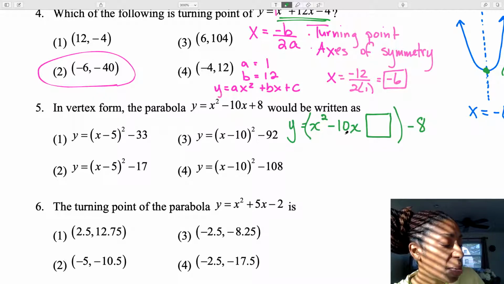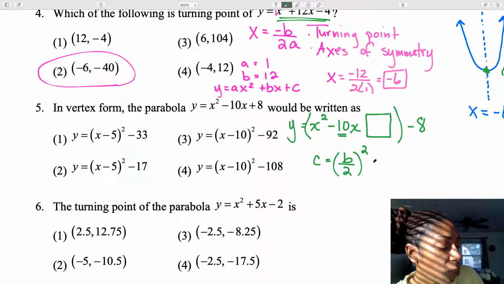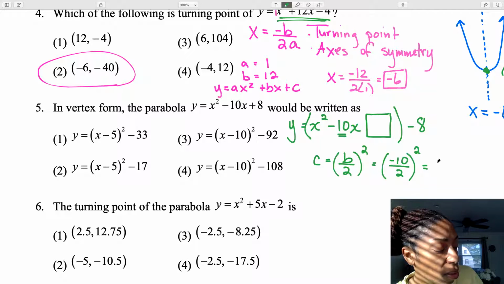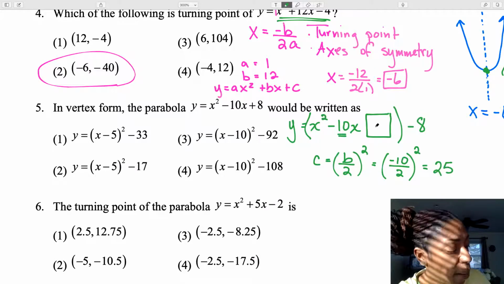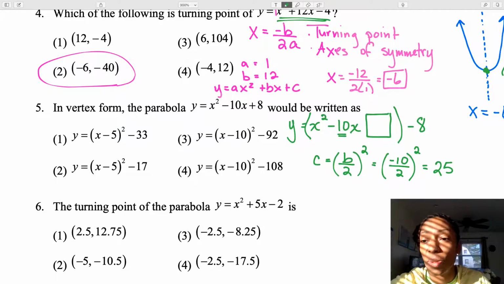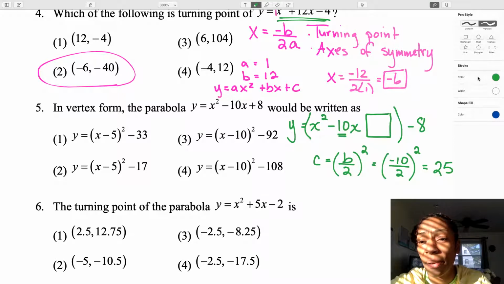Well, c equals the b term divided by 2, squared. So we'll do negative 10 divided by 2 squared, which is just negative 5 squared. So we get positive 25. So in this box, we're going to add 25.